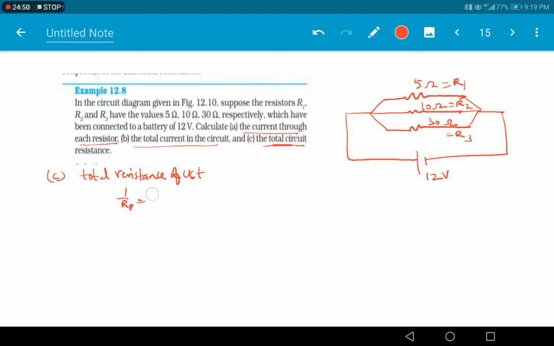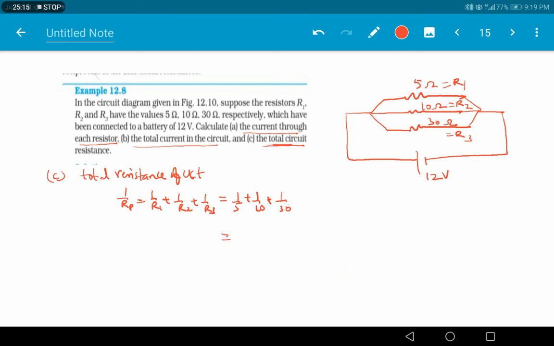So 1 by Rp is equal to 1 by R1 plus 1 by R2 plus 1 by R3. Substitute the values. 1 by 5, 1 by 10, 1 by 30. So what is the LCM of these 5, 10, 30? So LCM will be 30.